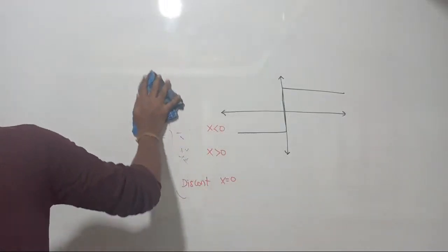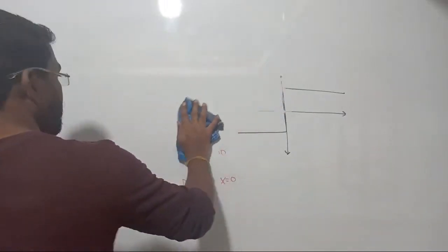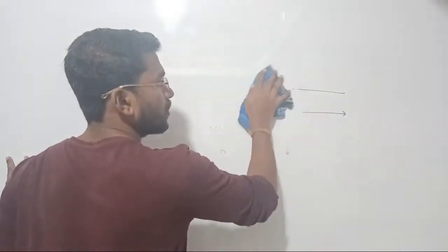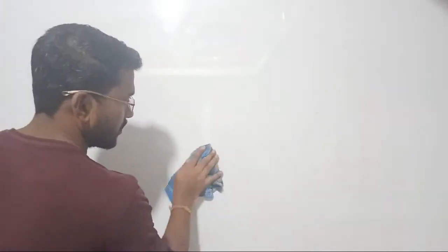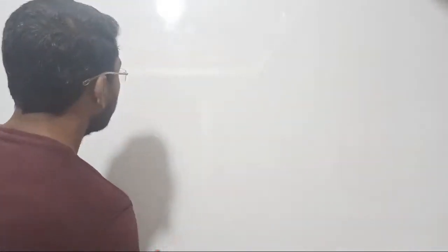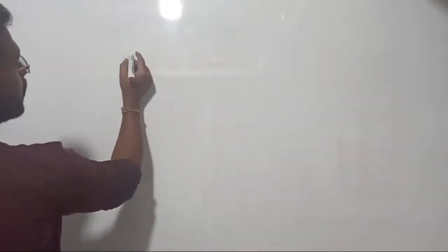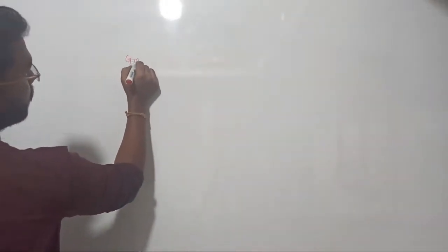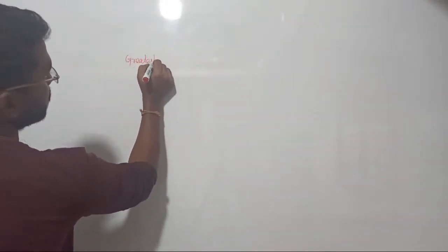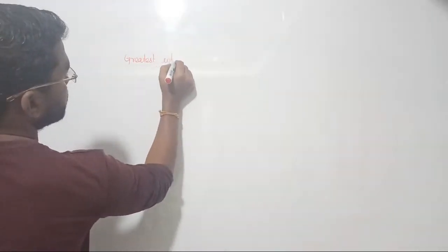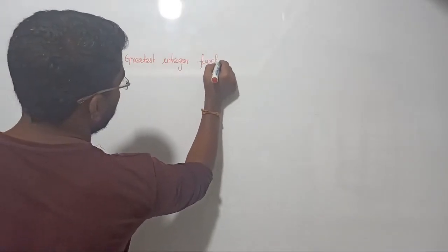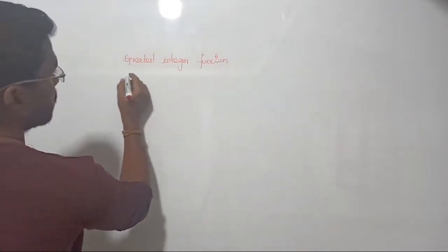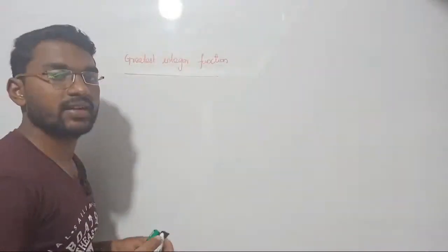Okay, next we are going to discuss the greatest integer function, right? So keep the heading: the next function that we are going to consider now is called the greatest integer function. Now, what do you mean by greatest integer function?